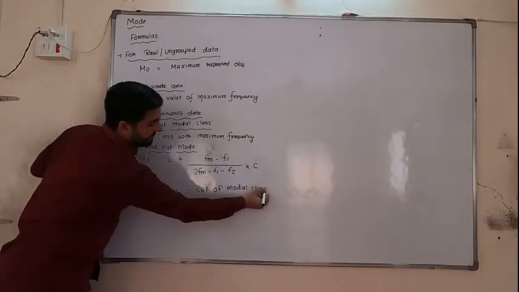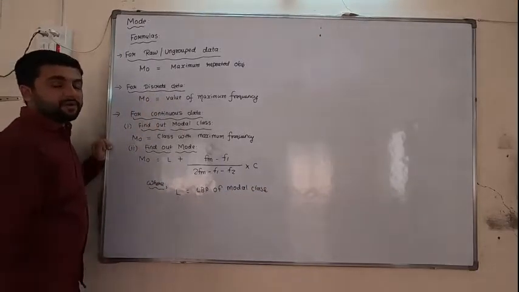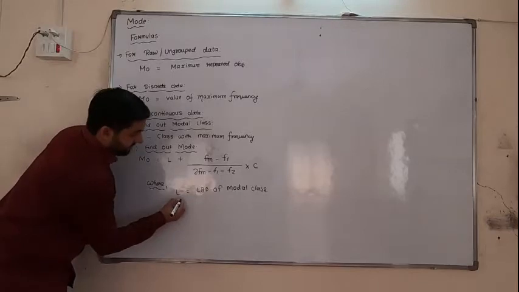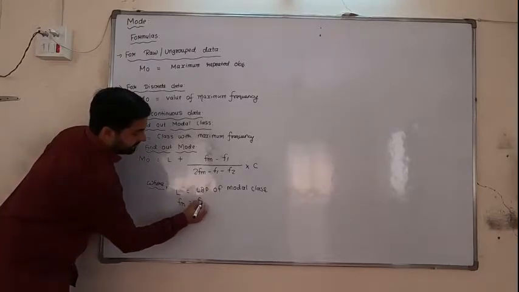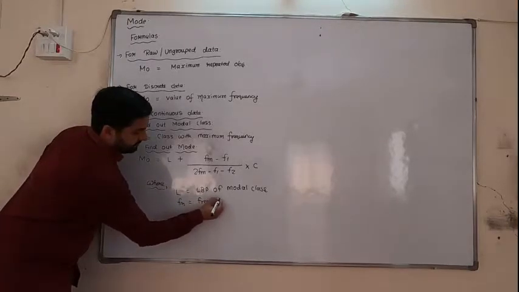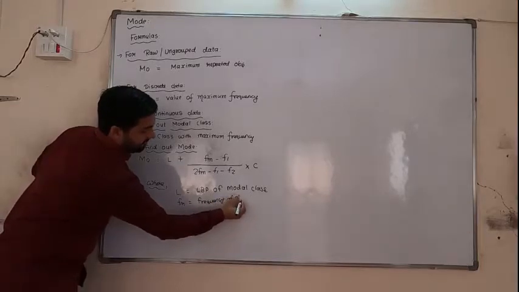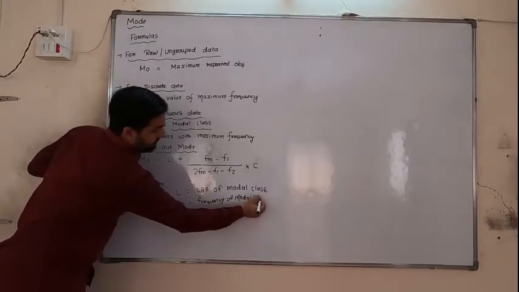So we require exclusive classes here; if they are not there, then find them. f_m is equal to the frequency of the modal class.